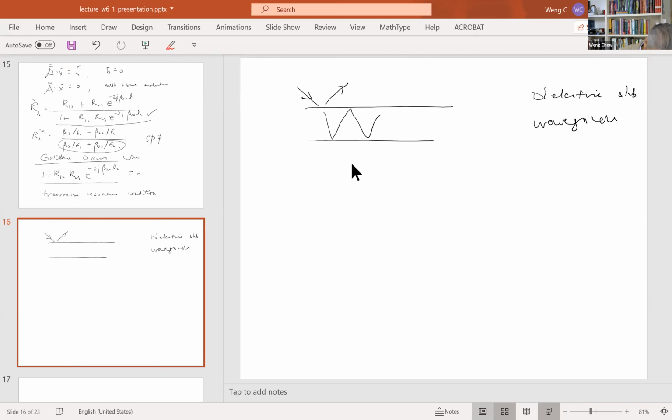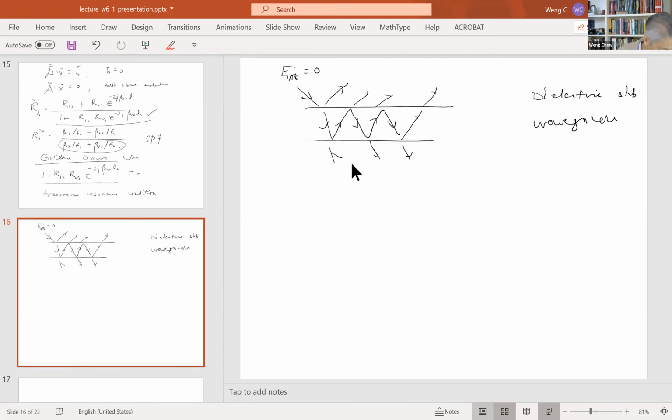The wave just bounces around inside. That guidance occurs when the incident wave is equal to 0, and yet there's a reflected wave. That is what happens when a waveguide mode exists.